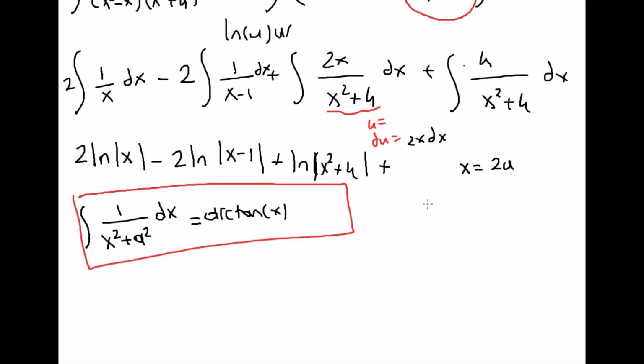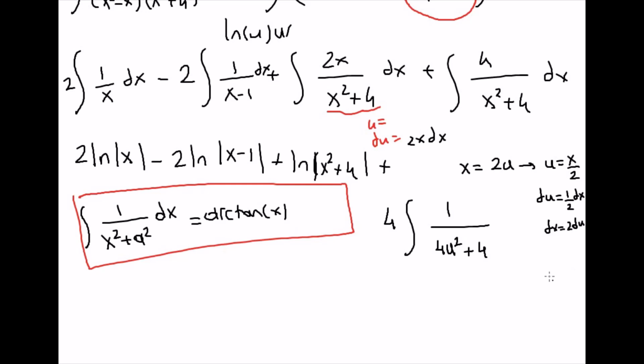So we can pull this 4 in front of the integral sign, and instead of x, we're going to write 2u, and we square it, so it's going to be 4u squared plus 4. Here 2u is x, that implies u is x over 2, and if u is x over 2, then du will be 1/2 dx, which implies dx is equal to 2 du.